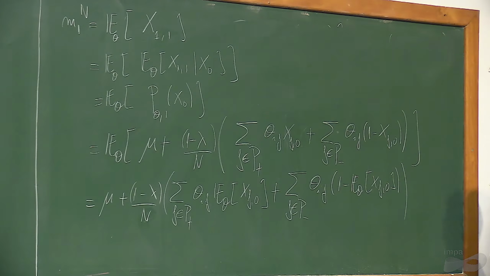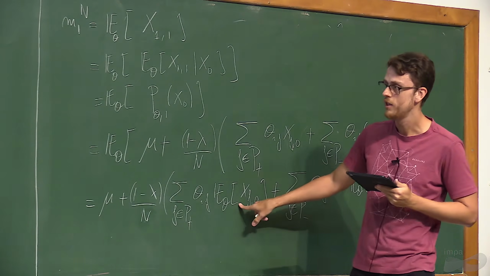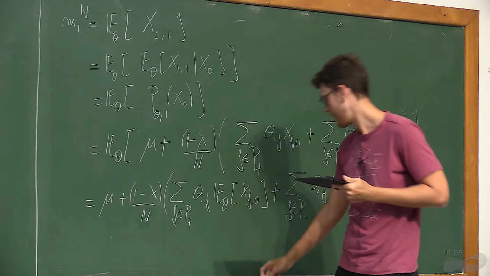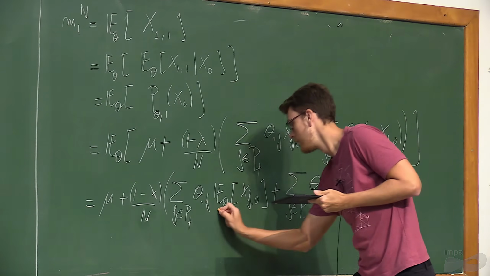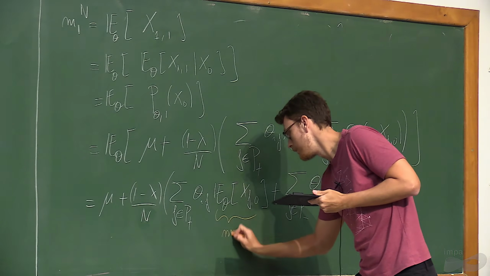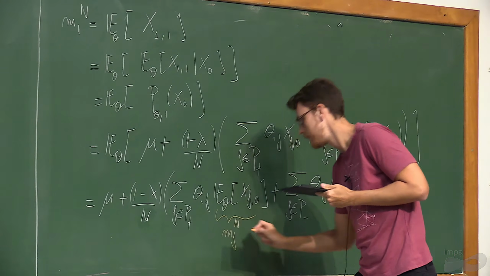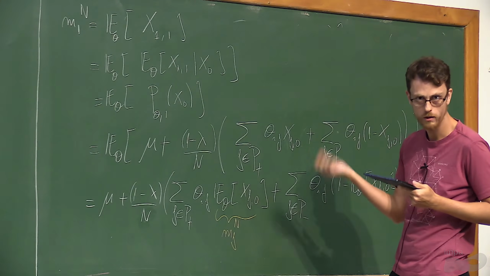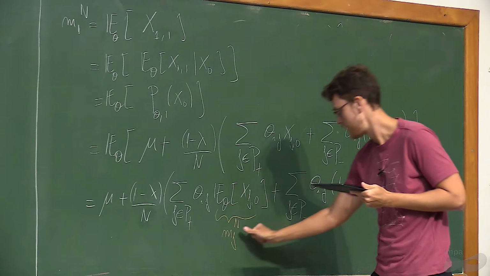Okay? And so by our definition, this should be mj of n, but they are all equal to m1 of n. So this is m1 of n.